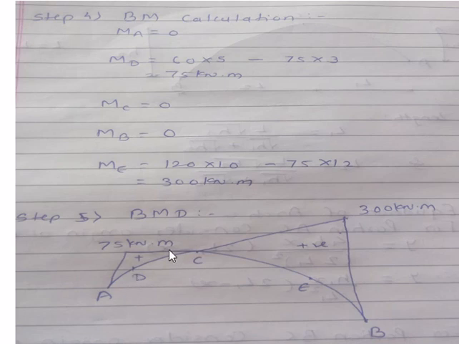For that, we have to draw the tangent line passing through point D, and perpendicular to this point D we have to mark a line, and with the help of a proper scale we can mark the 75 kilonewton meter point and draw the line by joining these 2 points. Similarly, at point E also we have to draw the tangent line and the perpendicular line here, mark the 300 kilonewton meter point and join this line.